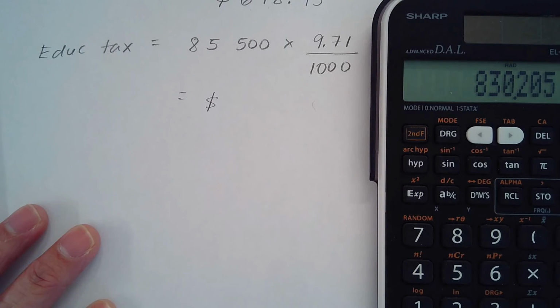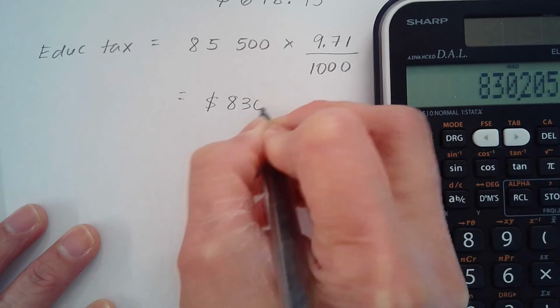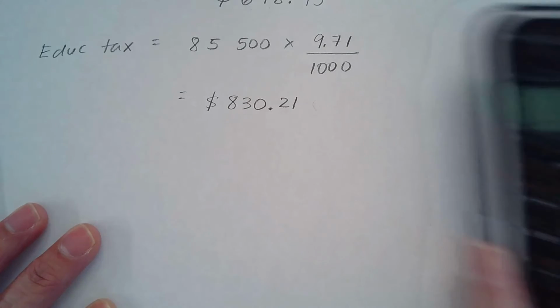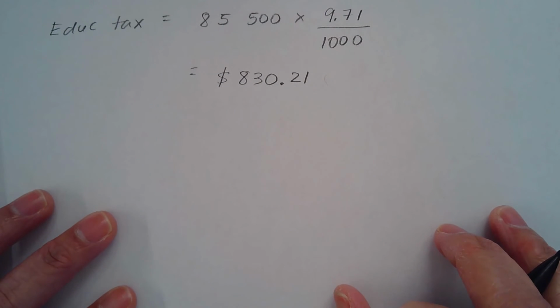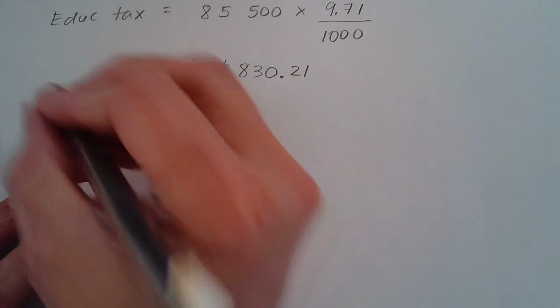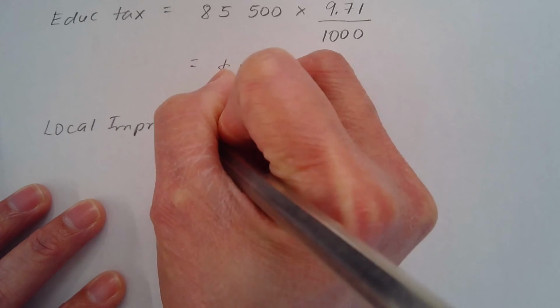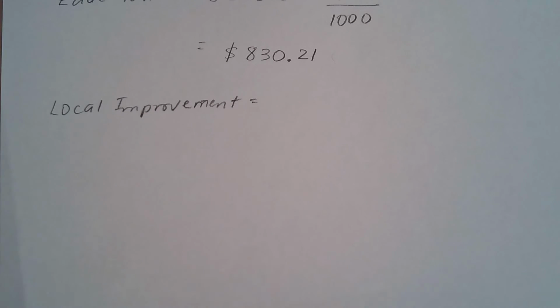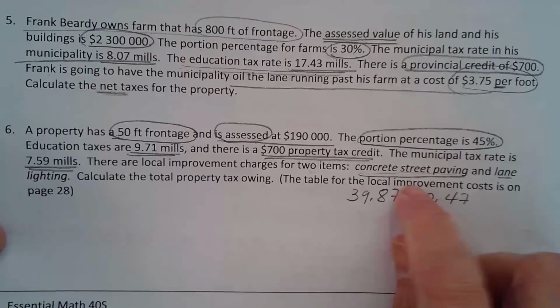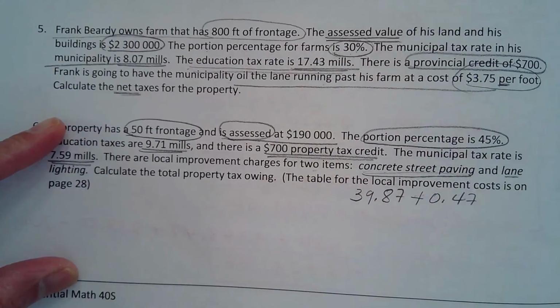So how do we round that off? 21. Yeah, $830.21. Yeah. Very good. What else do we have? So we got the municipal tax, we got the education tax, and there's a local improvement. The local improvement, they said the concrete street paving and then the lane lighting. Okay, and we figured those out from the table, so that's what it costs. We just gotta add them up.